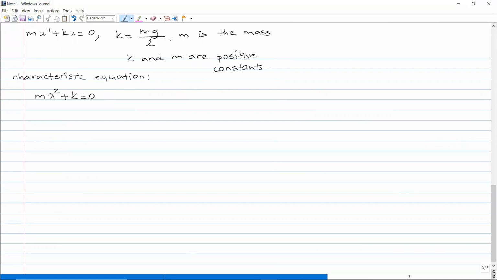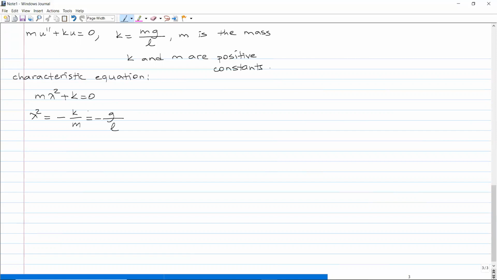m is the mass, g is acceleration due to gravity, L is the elongation distance for equilibrium position. Everything is positive, okay? So when we solve this equation, lambda squared equals minus k over m. So k over m is also equal to g over L. This is not 9, it's g. It's hard for me to write the small letters.